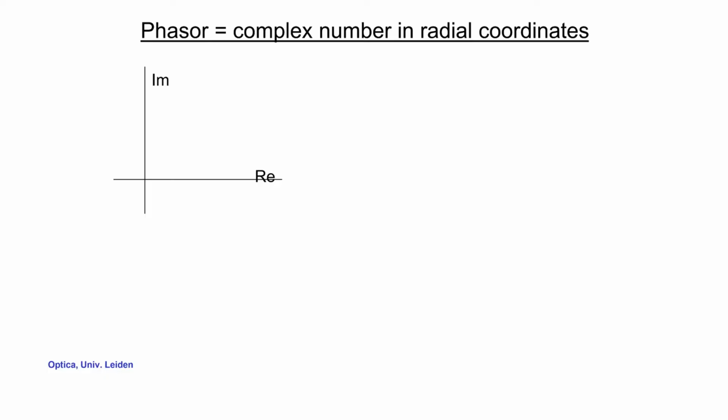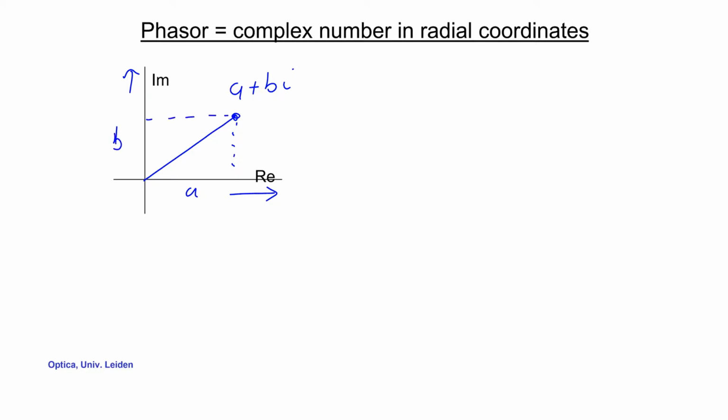A phasor is a complex number in radial coordinates, which means that if you have the complex plane, with real part and imaginary part, and you plot a quantity a plus bi, you normally draw a point in this complex plane. A is the real part, b is the imaginary part thereof.